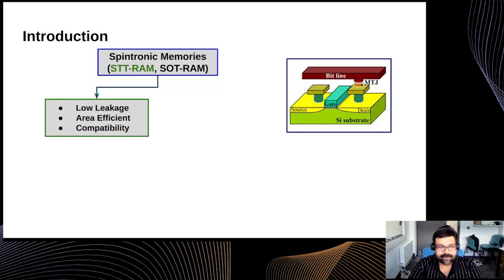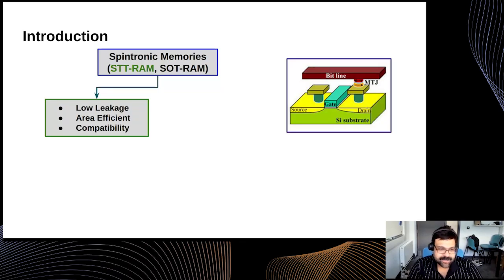In conventional memory, we use six transistors per cell to store one bit, whereas here just one transistor is needed along with one MTJ to store one bit. The bit can be 0 or 1 like in conventional systems, and we define 0 and 1 based on the polarity of the magnets.